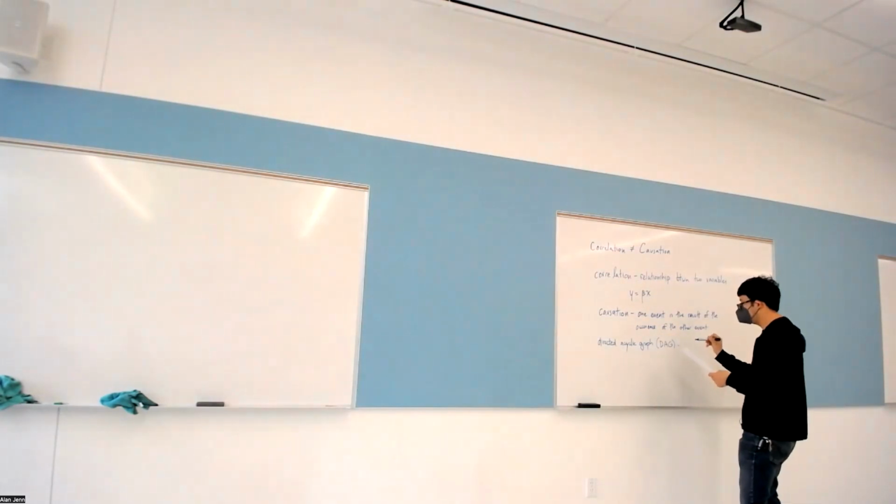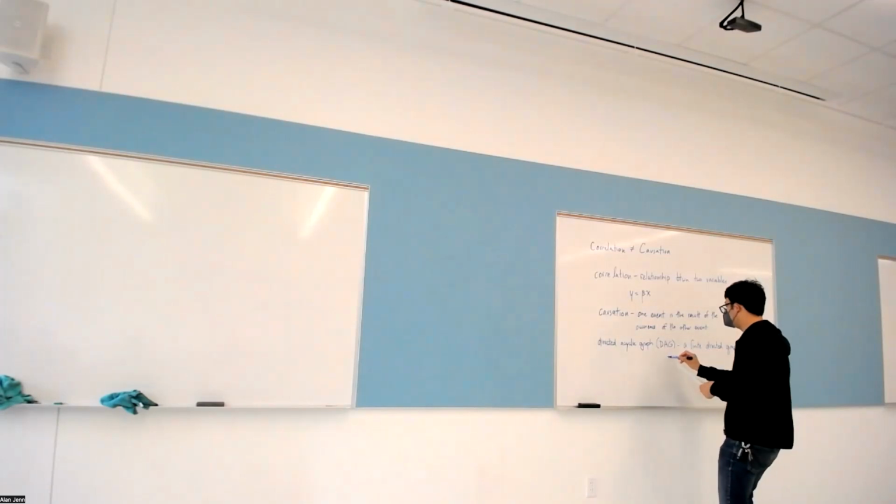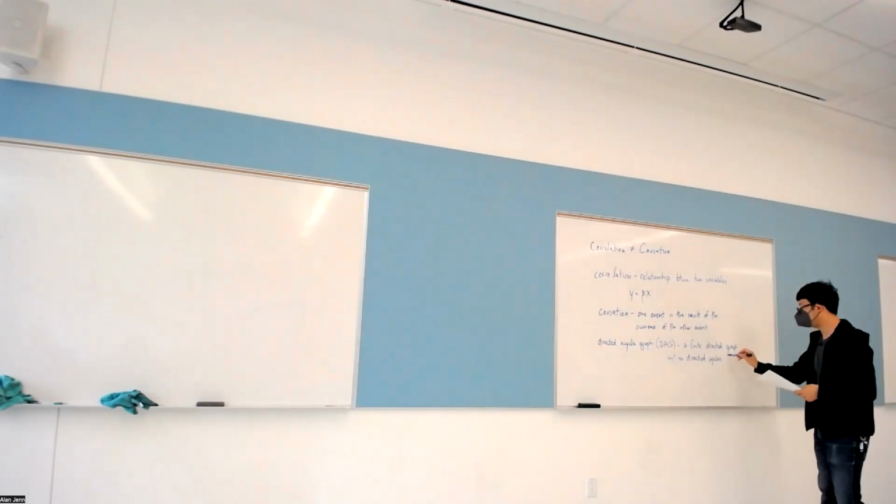In mathematics, this is known as a finite directed graph with no directed cycles. And all that means is you can't loop.